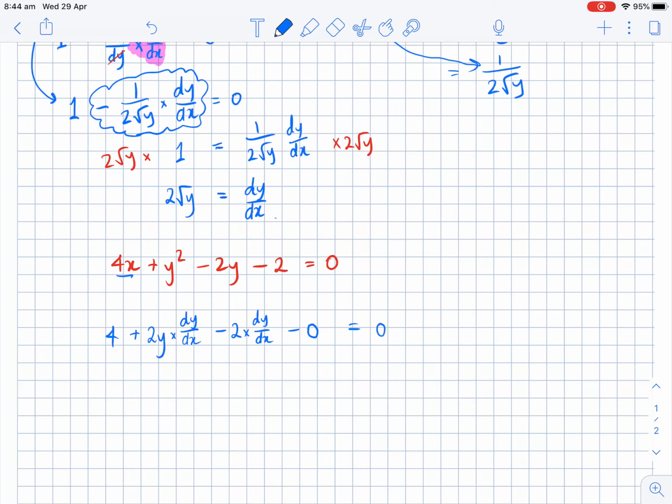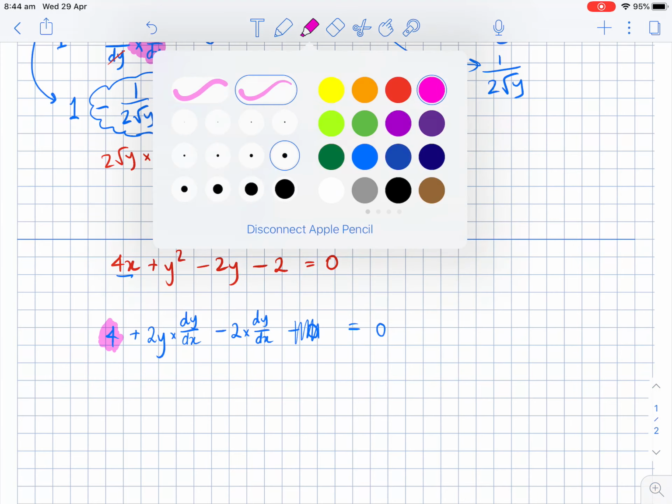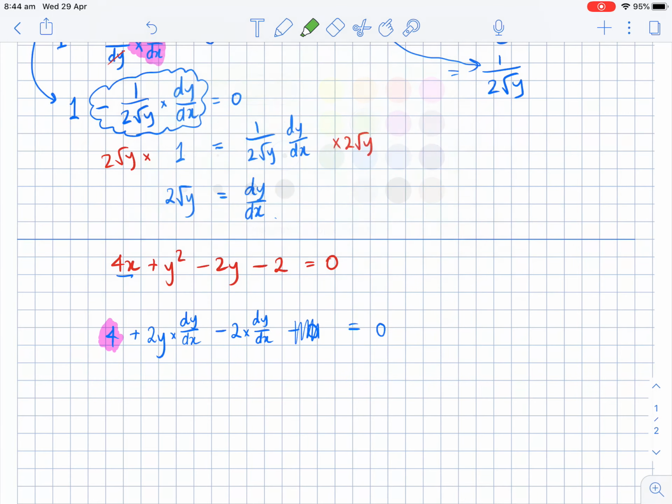Alright, so now I've got this equation, and I have parts that have got dy/dx's in them and parts that are just numbers. So let's try and put this together a little bit. The first thing I'm going to do is cross out this 0, because I don't really need to have a minus 0 on the end of it. And then I can see I've got my first term here, just a 4, really simple.